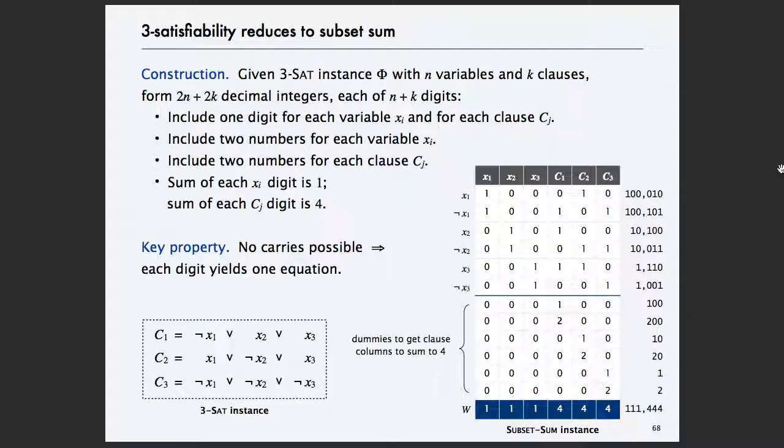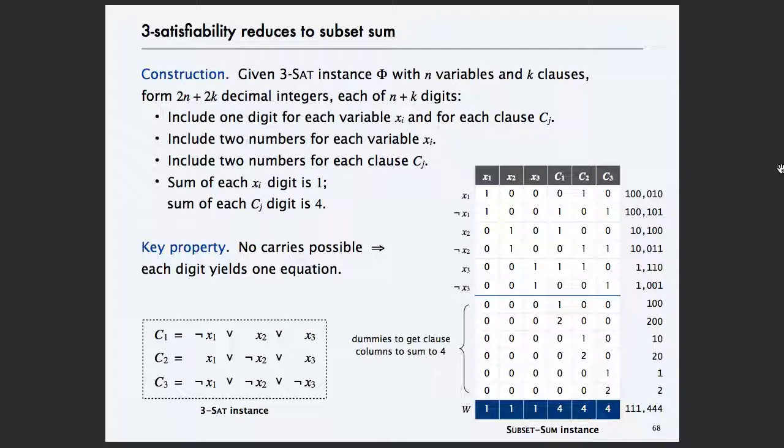And then I create dummies so that the columns add up to 4, except that they don't. They actually add up to 2 here.